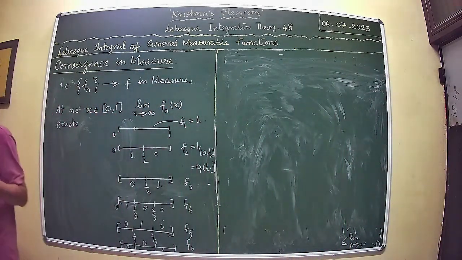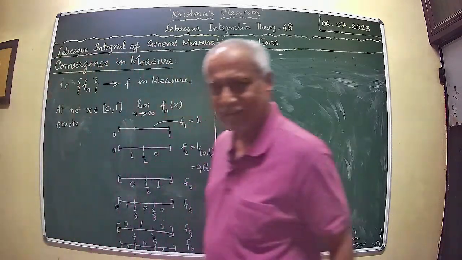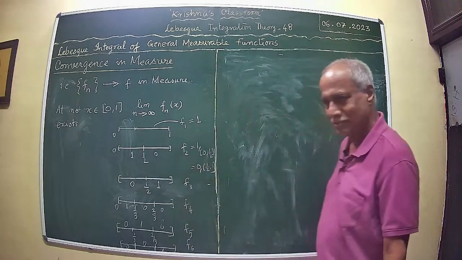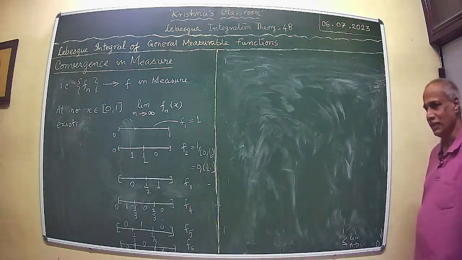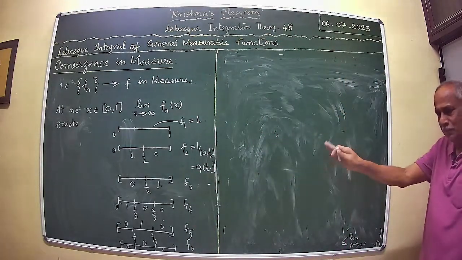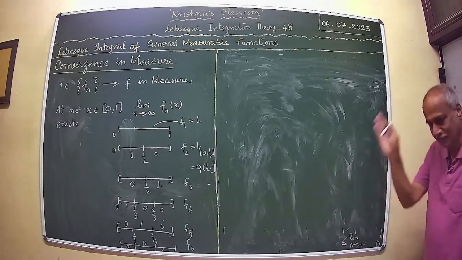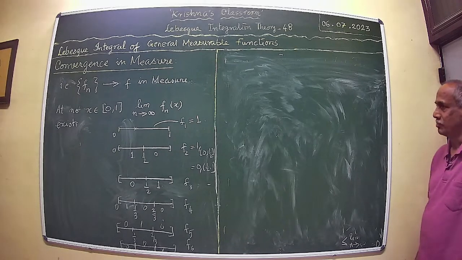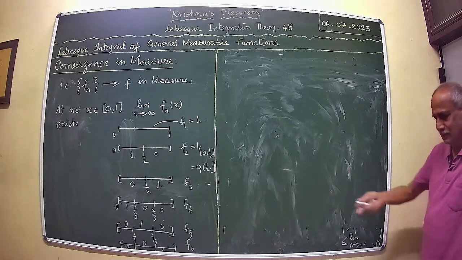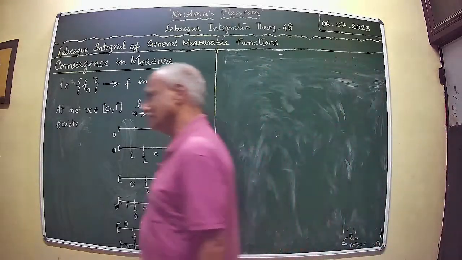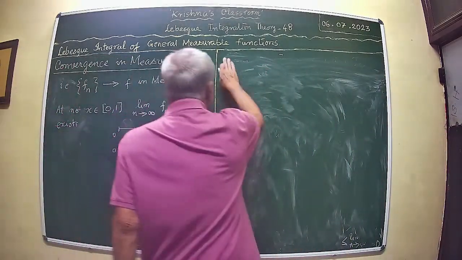So what happens is, if you take the tail of this sequence, it is not going to be 0. Okay? You cannot say that after some stage, Fn is going to be 0 at a given x. Okay? What happens is, again somewhere that 1 will be appearing.